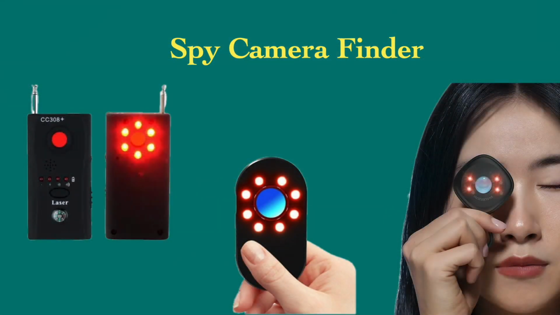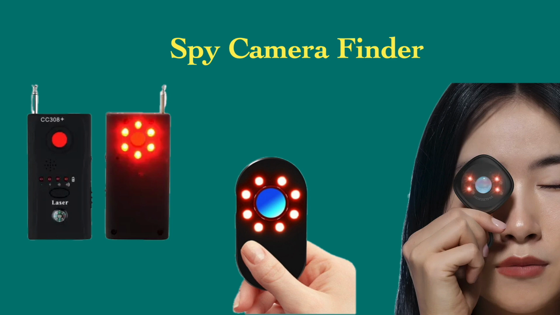So the spy camera finder is really a very low-price solution for detection of camera lenses. It comprises a viewer with some lens and some LEDs that emit infrared light in the visible spectrum, and it blinks at a desired velocity.